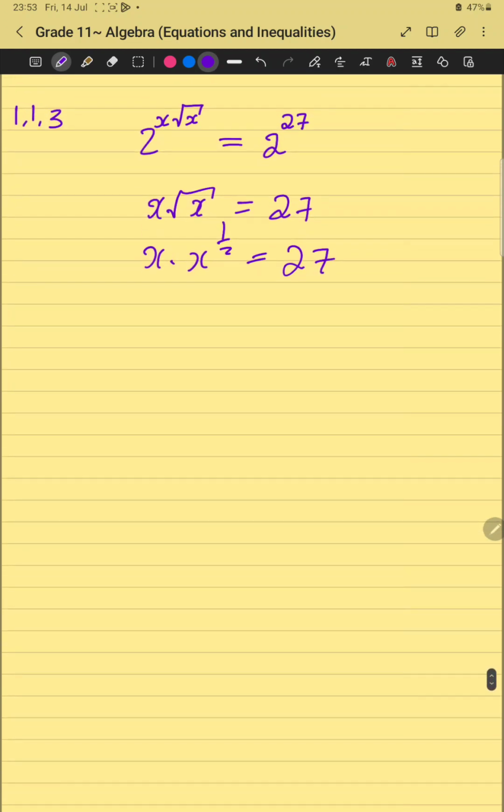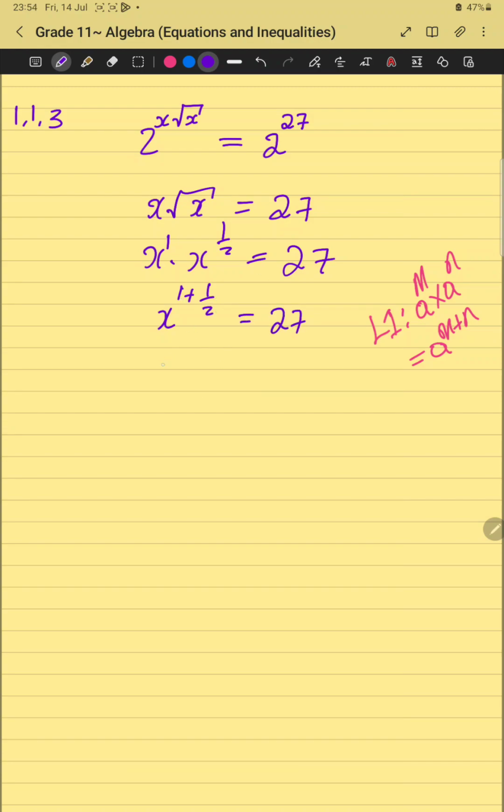And then from here, remember x has the exponent of positive 1, and then you apply the law that says if you multiply powers of the same base, you just keep the base, then you add the exponents. So we apply that law here, and it's going to be 1 plus 1 over 2, equal to 27.